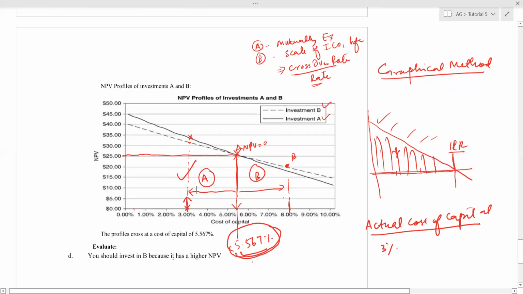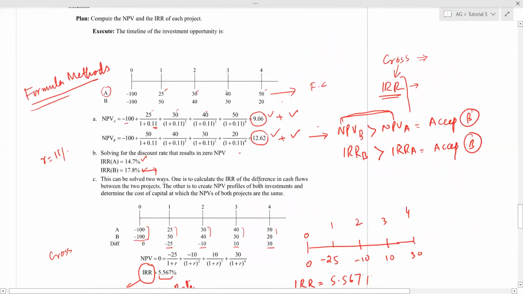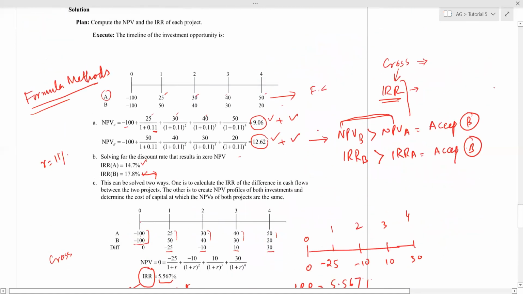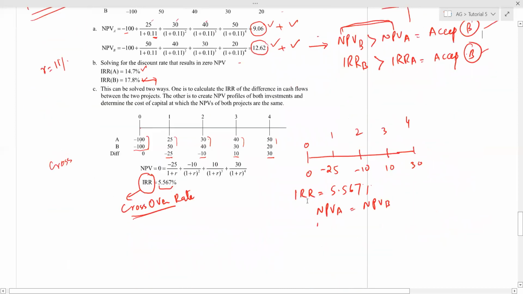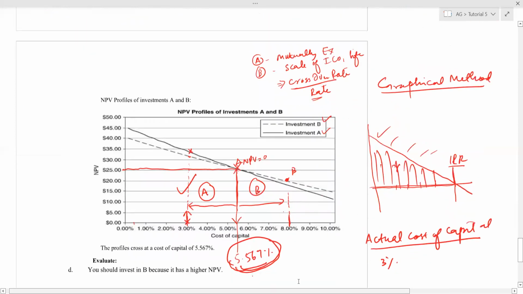So you should invest in B because it has higher NPV. Of course, we have seen here that we were accepting project B by NPV and IRR. But if there is any change in the cost of capital other than 11%, then the decision could change.